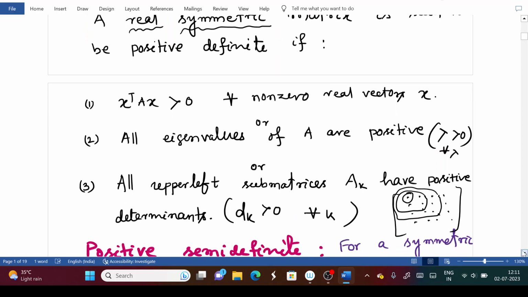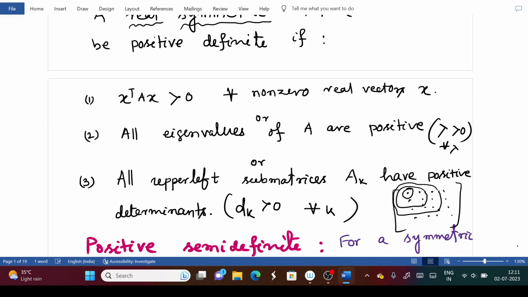The quadratic form x transpose Ax is always positive for all non-zero real vectors x, or all eigenvalues of A are positive, or all upper left submatrices Ak have positive determinants dk for all k.